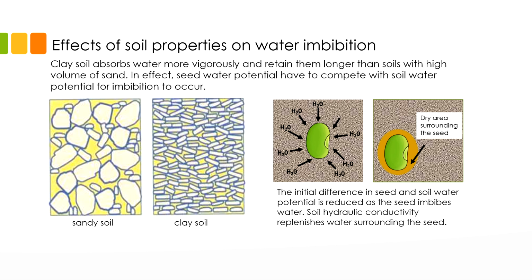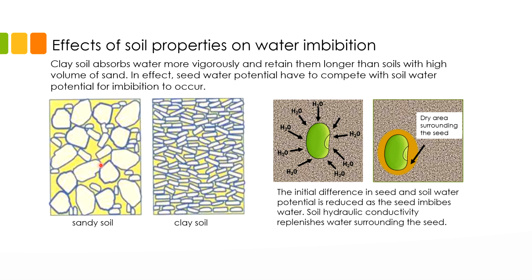Soil physical properties are also important determinants of seed water imbibition. We have here as examples a sandy soil and a clay soil. The clay soil absorbs more water more vigorously and retains them longer than soils with high volume of sand. In effect, seed water potential has to compete with soil water potential for imbibition to occur.